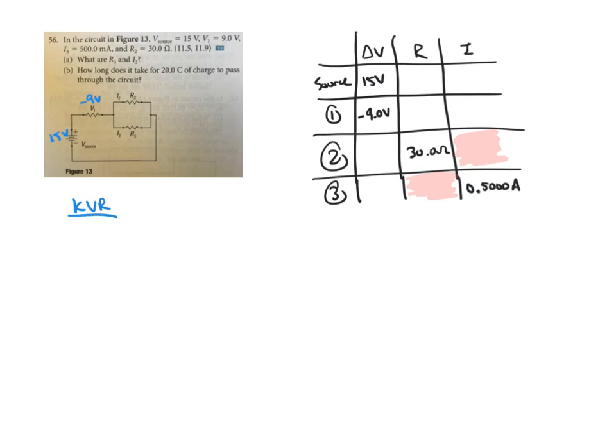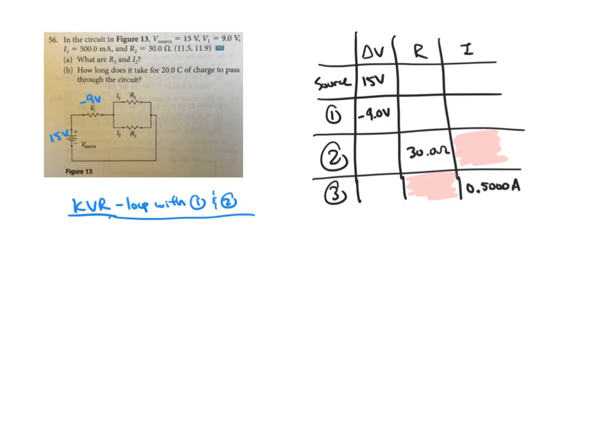And I will look at the loop that's got load number 2 in it. So it's got 1 and 2. So start at the battery, go up, you will go across load number 1, reach the junction, and then at that junction you get to choose. Do you either go through load 2 or load 3? So I'm focusing on the loop with load 2.